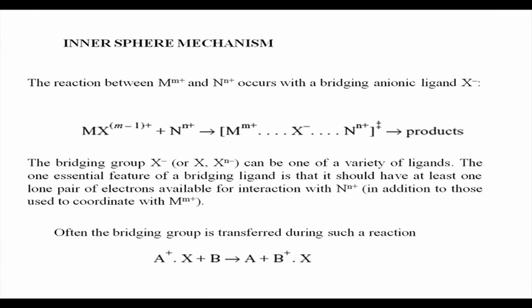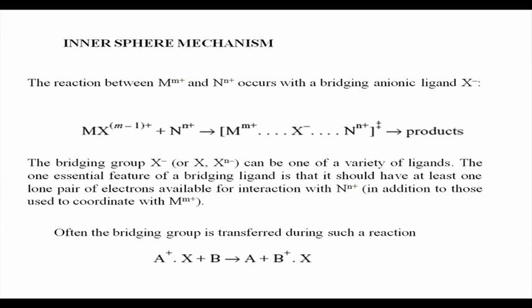So it should have sufficient options to coordinate with both m and n. That is why the bridging group has this essential feature.